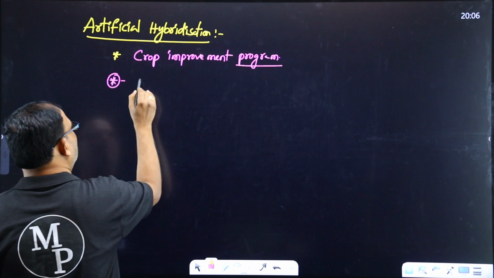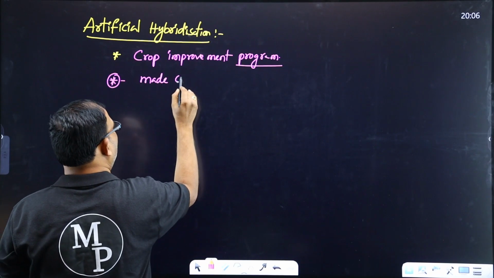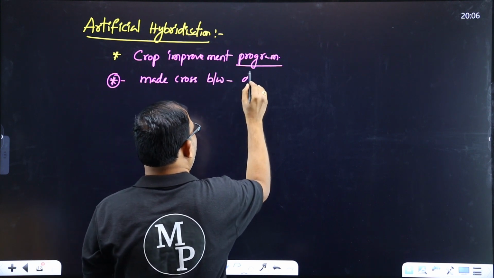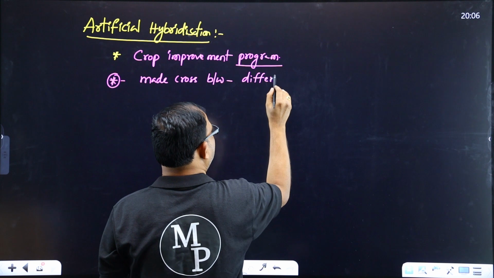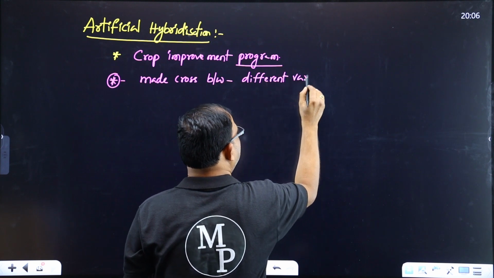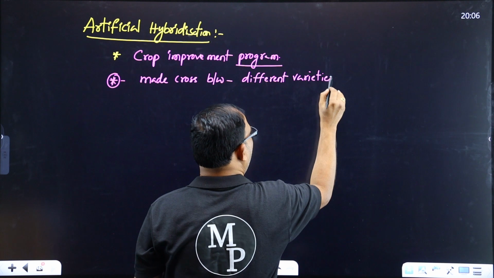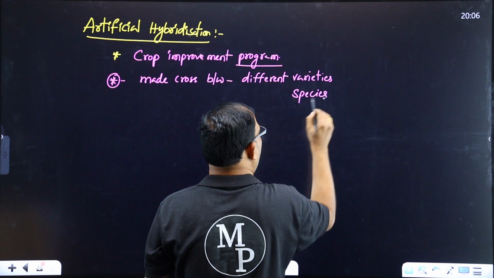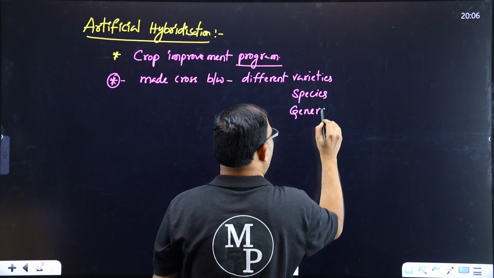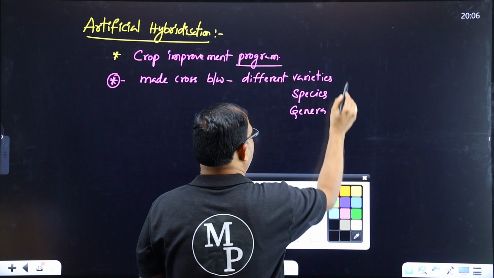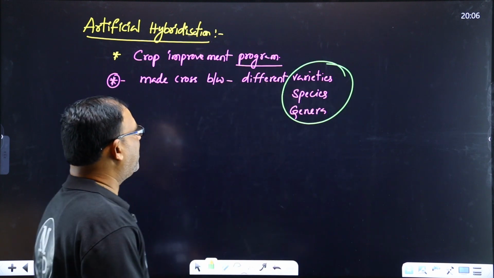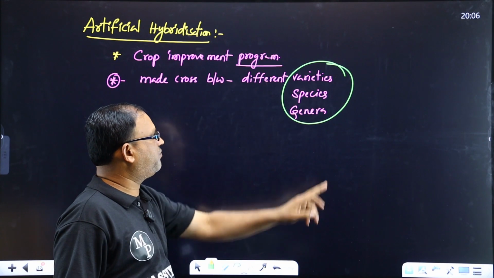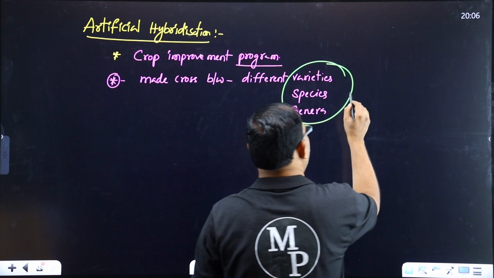In which method, what happens? A cross is made between two different varieties, species or genera. When a cross is made between two different varieties, species or genera, what is the result?